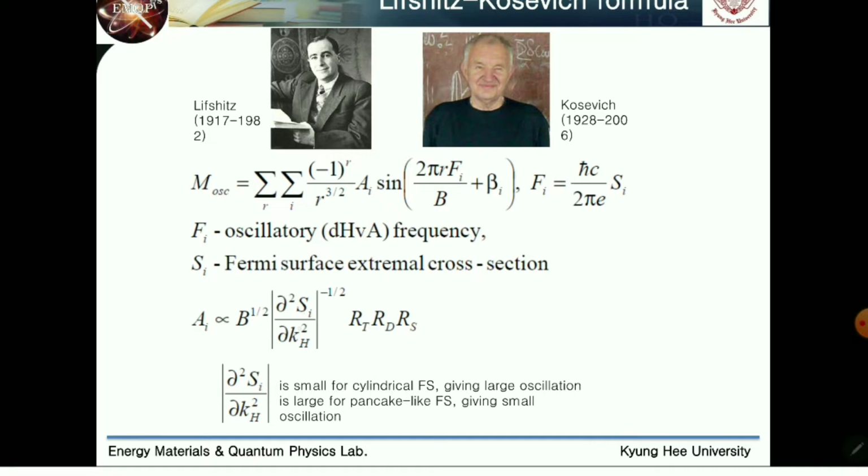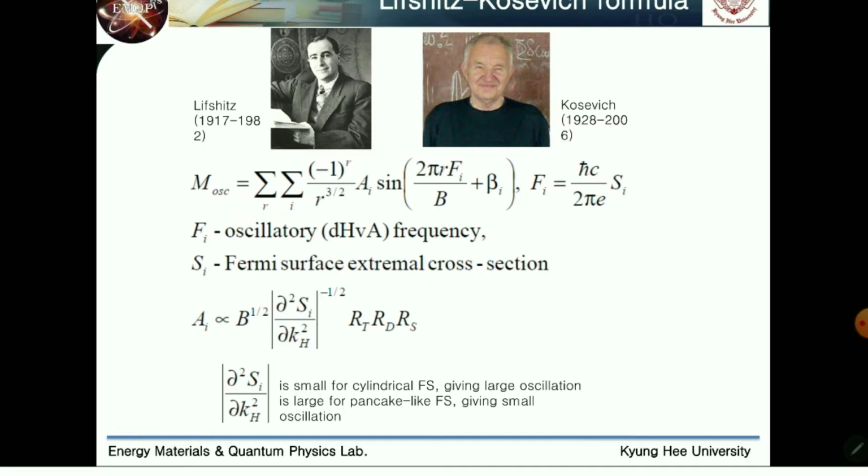This term is small for a cylindrical Fermi surface, and gives rise to large oscillation for a pancake-like Fermi surface. The other factors included are RT, RD, and RS.